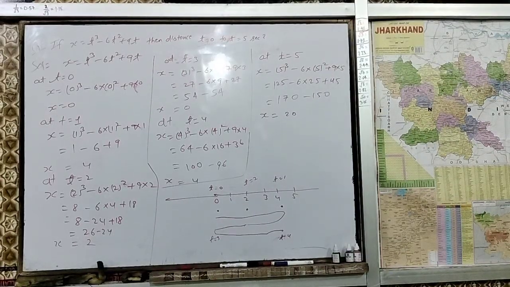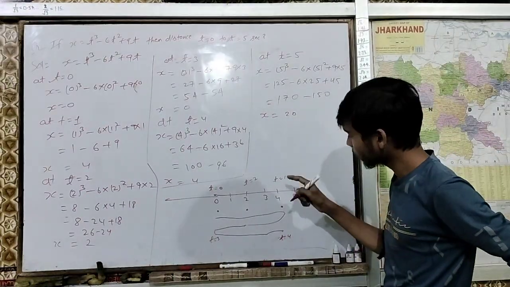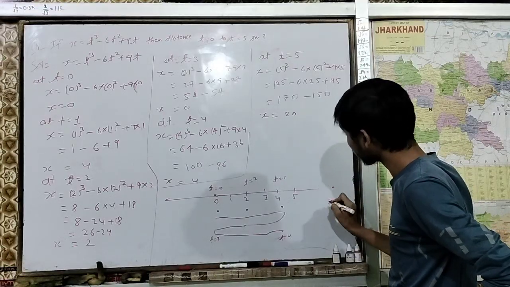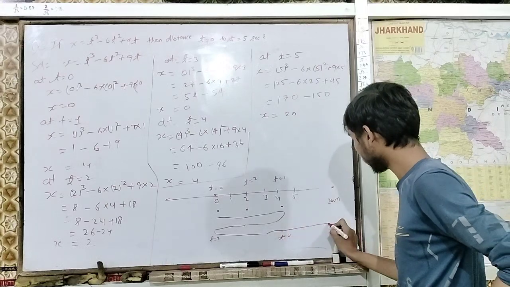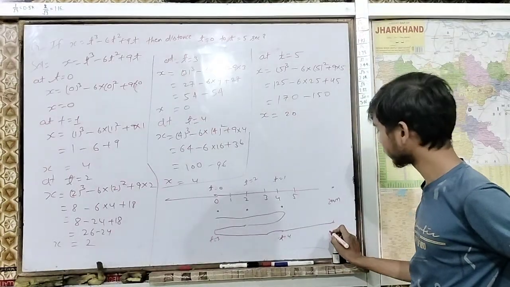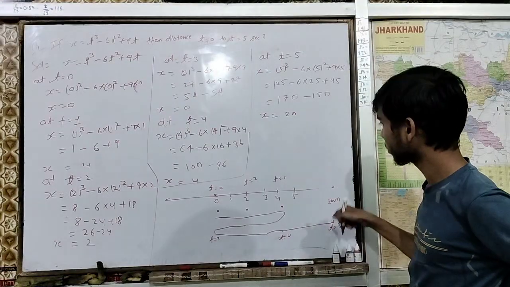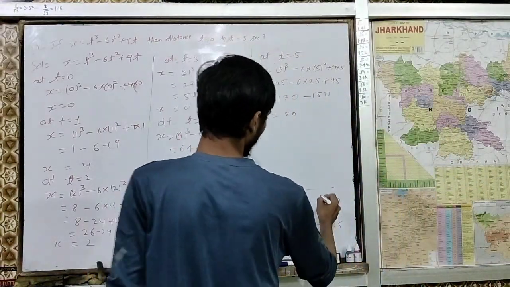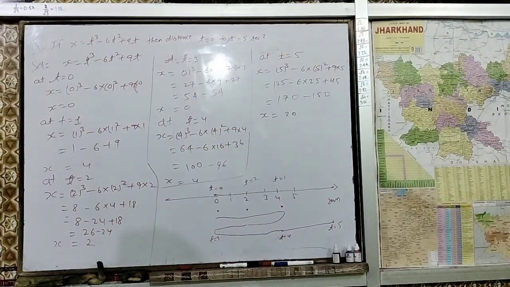So this is correct, 20 meter. Here you can see x will be nothing but 20 meter. So in 5 seconds it is going where? Here, in 5 seconds, t is equal to 5. It is covering how much? 20 meter. What are you observing?